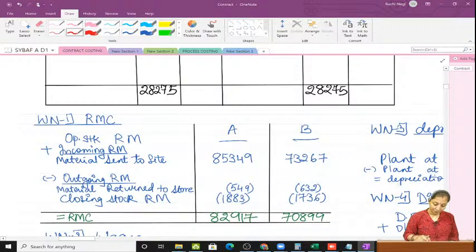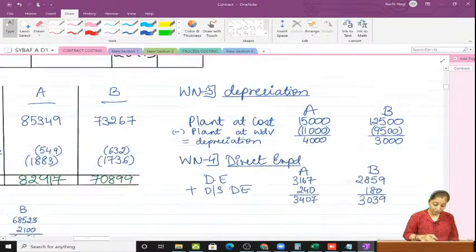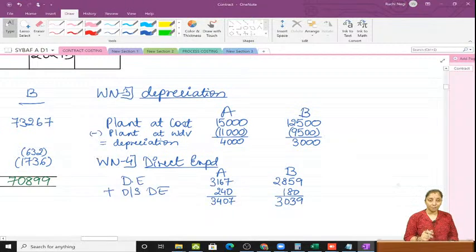Then you have to remember the calculation of depreciation. How is depreciation calculated in a contract account? Simple: cost of the plant, the asset which is in use, less WDV, that gives you depreciation. This is one way, and there is one more way.